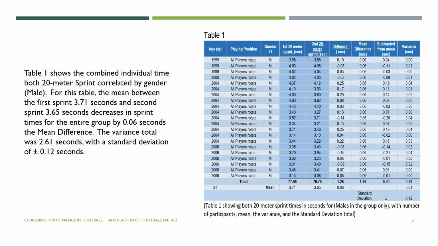The second set of sprints saw an improvement in the total time of all the athletes to 76 seconds, 0.70, with a mean time of 3.65. That was a difference for the total group of 1.26 seconds, a mean improvement of 0.06.